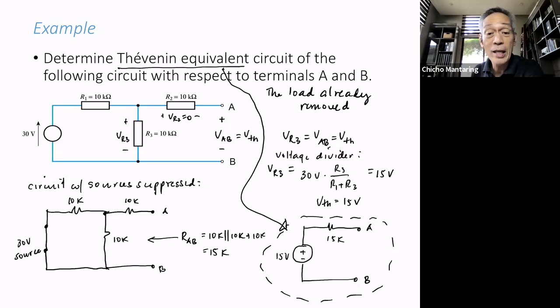That is the essence of equivalence. Any questions? Again, it's a way of getting an equivalent circuit for this with respect to terminals A and B that is very simple.